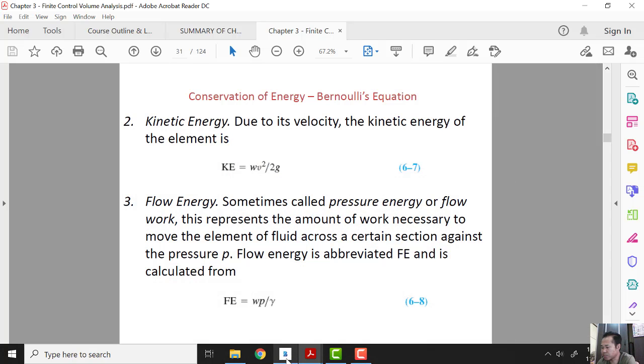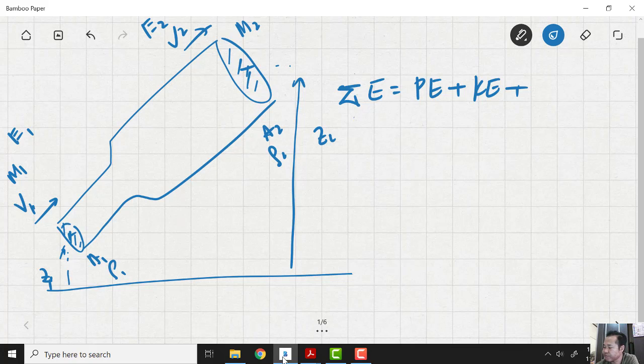And the last one is the flow energy, sometimes called pressure energy or flow work. This represents the amount of work necessary to move an element of fluid crossing a certain section area against the pressure. The flow energy is abbreviated FE. These are the three types of energy involved in conservation of energy problems.